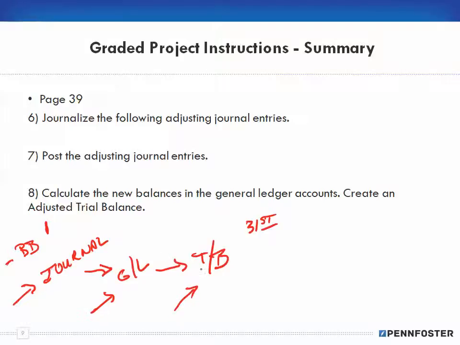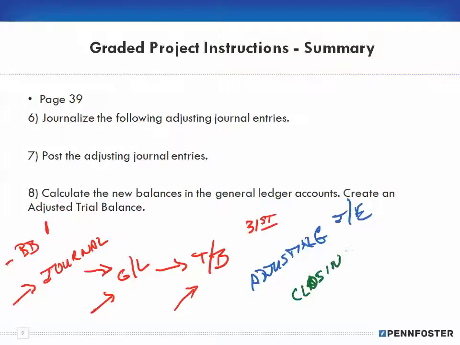Now, the reason why I brought all of this up is because this here is a repetitive cycle, okay? We do this during the accounting period, but we do the exact same thing when we have to make adjusting journal entries, and we also do the same thing when we have to make our closing entries.